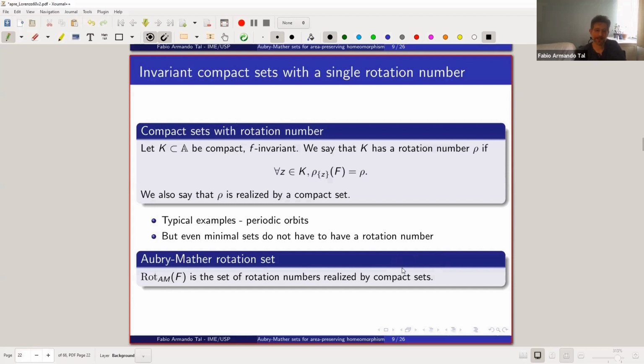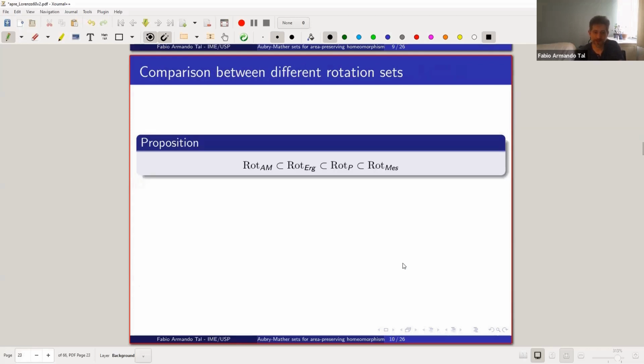Okay, and it's not difficult to see that these inclusions hold. If you have a compact set that has a rotation number, then you have a minimal set there, and you can find an ergodic measure which is supported in this minimal set, and then the rotation number for that ergodic measure is going to be the same as the rotation number of the compact set. So these are obviously contained in this.